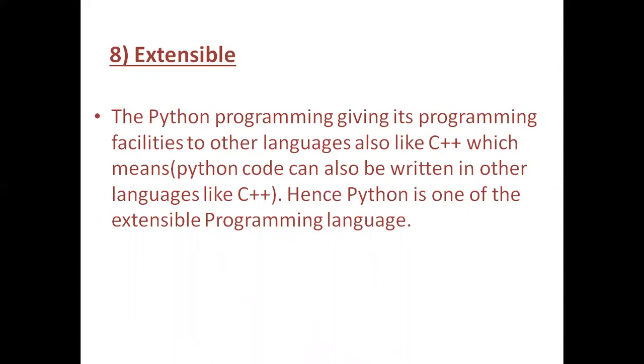Python code can be written in other languages also, such as C++. Hence, Python is an extensible programming language. It is not limited to a particular area. It is wrong to say we can't use Python code in other languages; we can use Python code in other languages also, like C++.